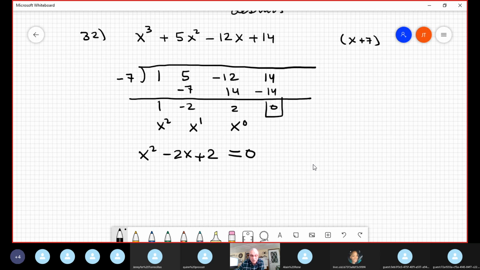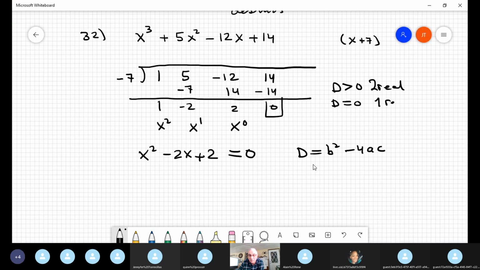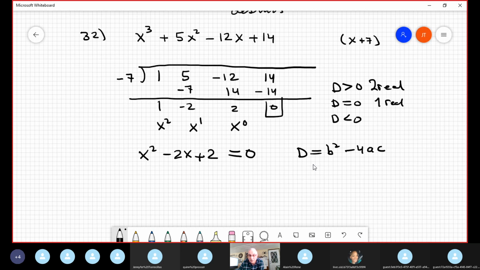So one easy way to determine that this is complex is using the discriminant, not necessarily solving the quadratic equation. If the discriminant is positive, it's real. If the discriminant is 0, it's real, but only one real. If the discriminant is negative, it's complex. So in our problem, A is 1, B is negative 2, and C is positive 2.